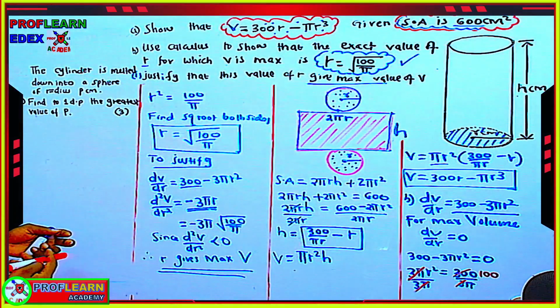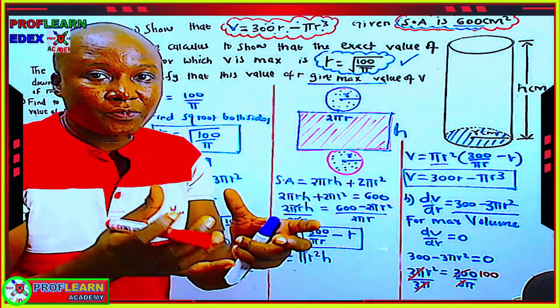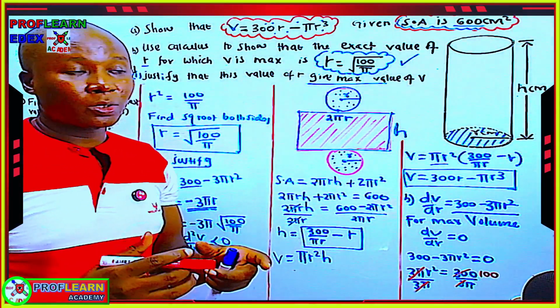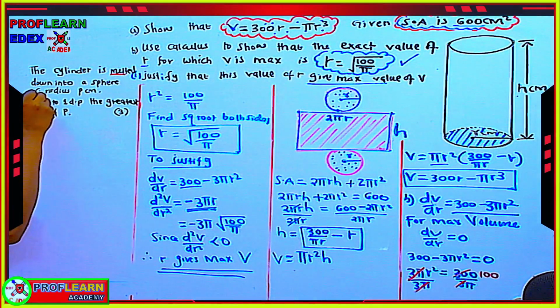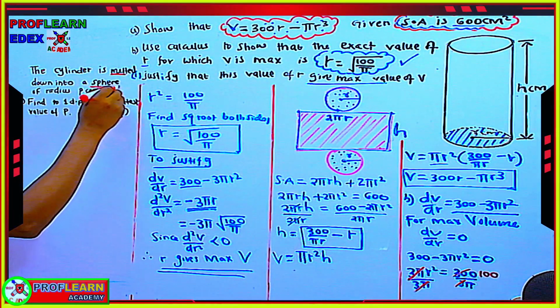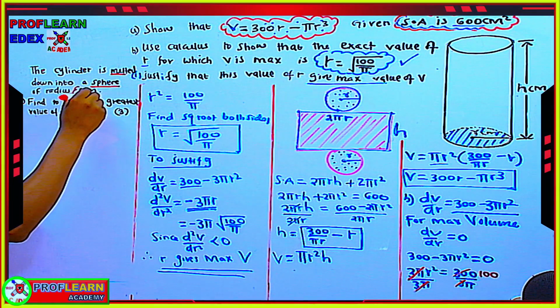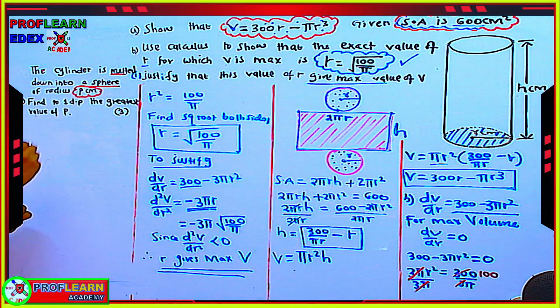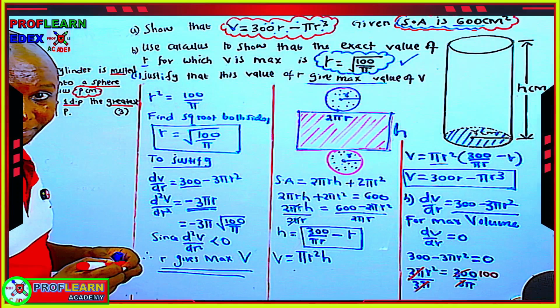Now, in the next question, we are told that the cylinder is melted into a sphere, of course, of radius p centimeters. We are supposed to find, correct to 1 decimal place, the greatest value of p.